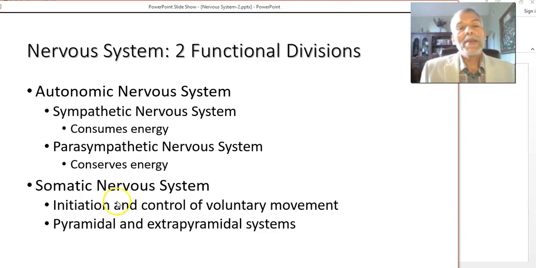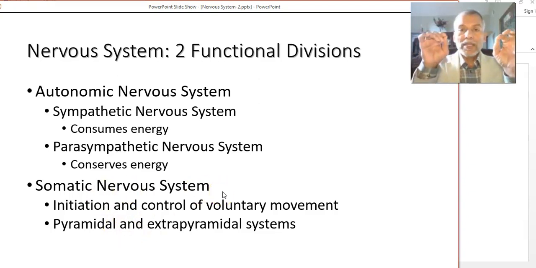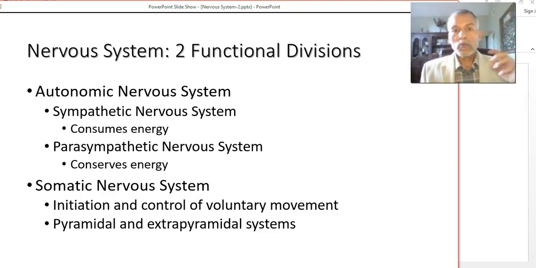The somatic nervous system, the second major functional division. So we have the autonomic and then the somatic. The somatic, the name is from soma, means body. It has to do with the intentional or voluntary control of body parts. For example, movement. I can move my hand, I can move my head, my legs, and so on.